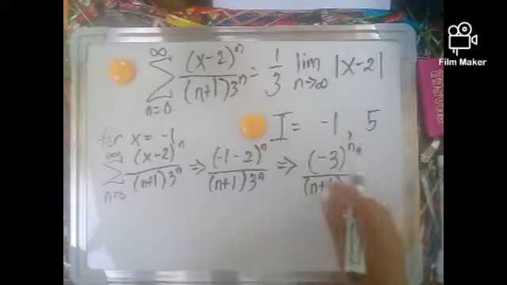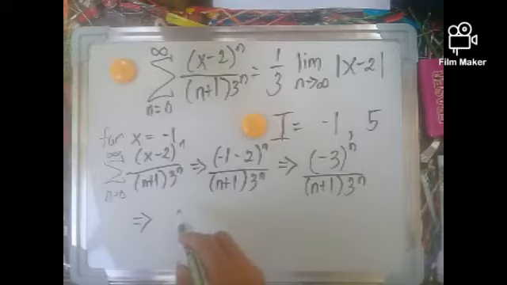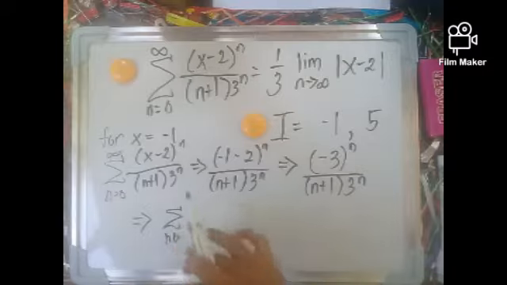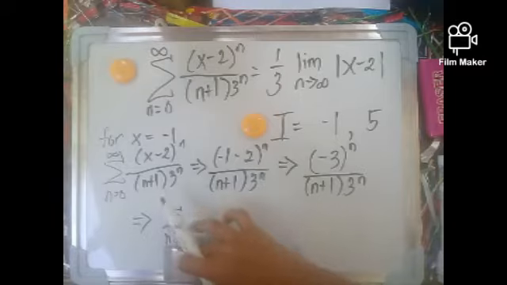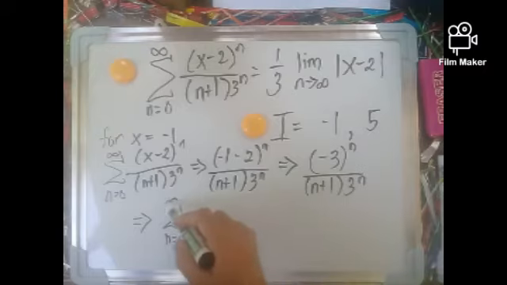Itong numerator natin, pwede natin siyang i-break down pa into the series n is equal to 0 to infinity. Don't forget, n is equal to 0 to infinity.